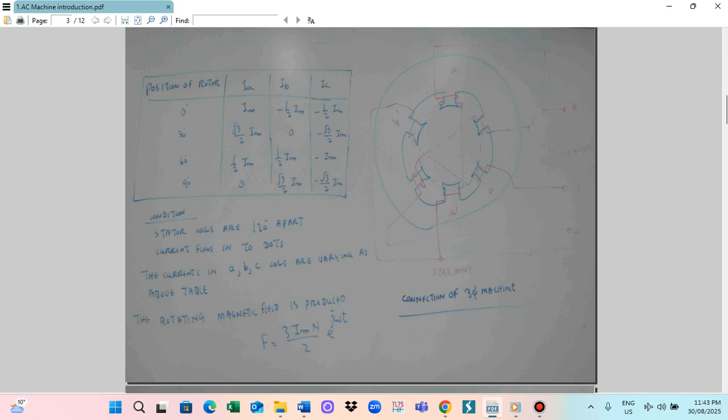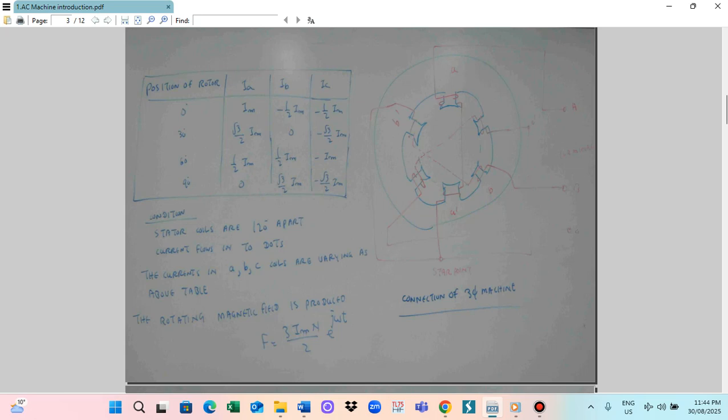And also there is the B phase. This is B and this one will be the B dash. So this winding will be like this. This is the B phase winding, connected like this.